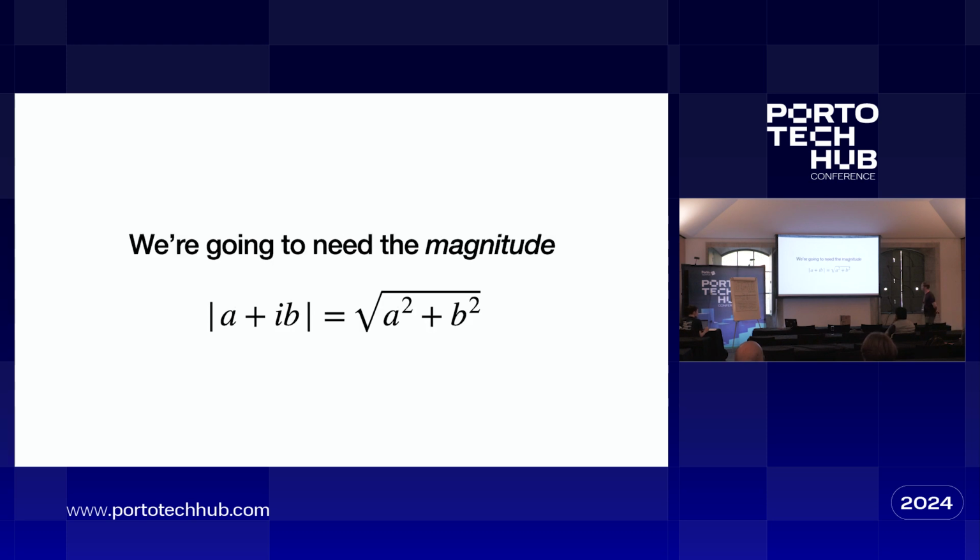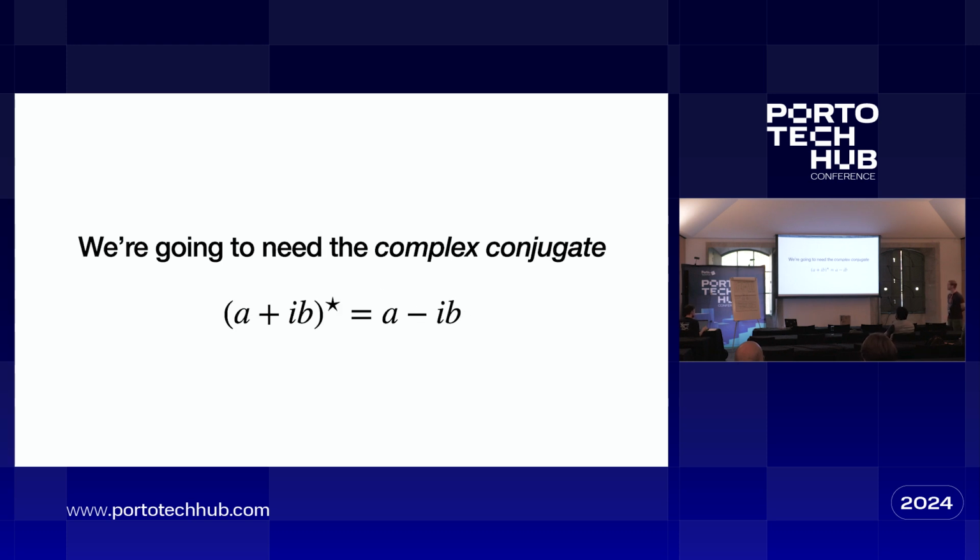We're going to need something called the magnitude of a complex number, which is just like the length of a vector. We're also going to need an operation called the complex conjugate. Now, physicists, because they like to be different, write the complex conjugate using a star instead of a bar. And what does it do? Well, the complex conjugate acts on a real number and just gives the real number back, and it acts on i and gives negative i back.